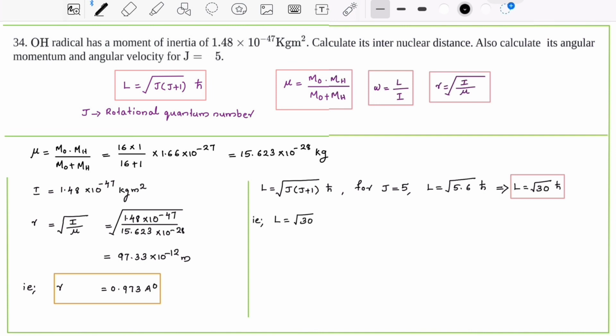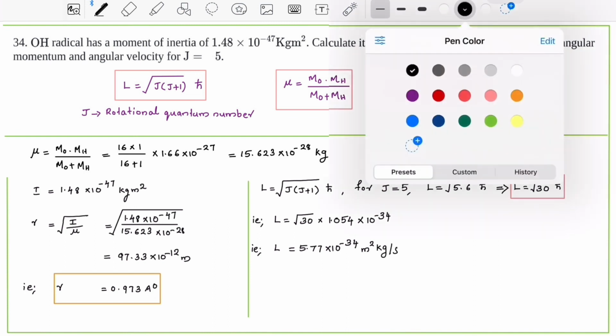Let us substitute the value of h bar. Value of h bar is 1.054 into 10 raised to minus 34. Therefore the angular momentum is root 30 into 1.054 into 10 raised to minus 34. That is equal to 5.77 into 10 raised to minus 34 kilogram meter square per second.